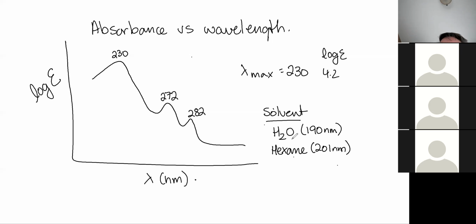Right. So these are really at the low end. If this goes between 190 and 800, this is where we're looking. So these are both right at this level, so they're not going to cover too much other stuff.